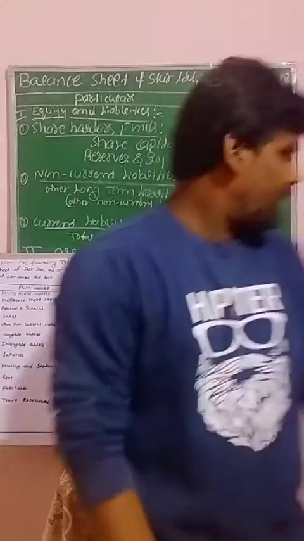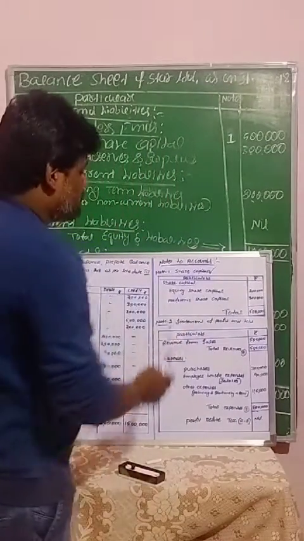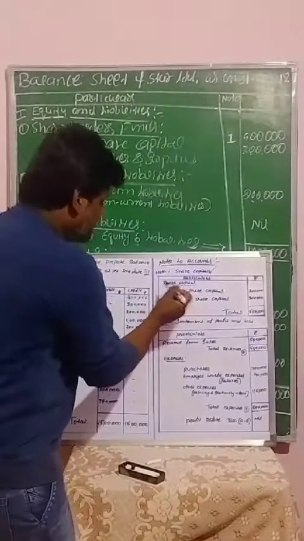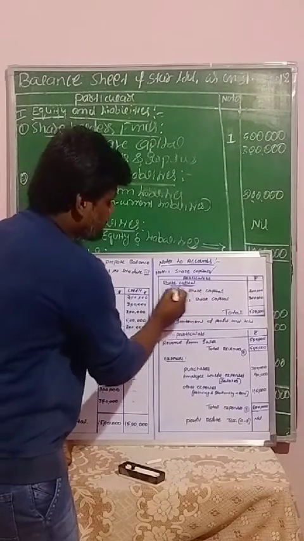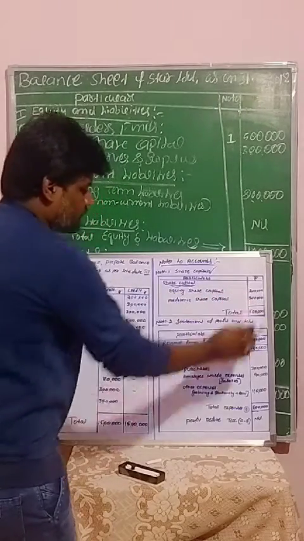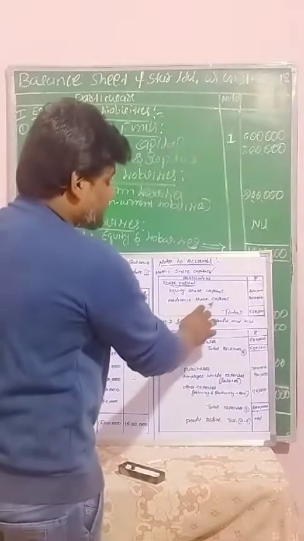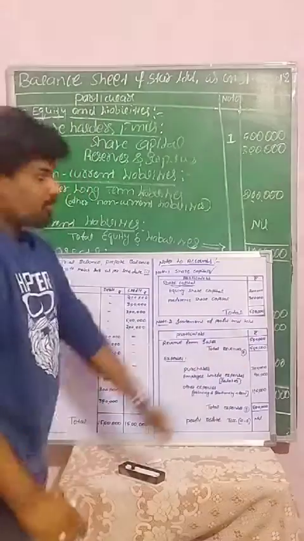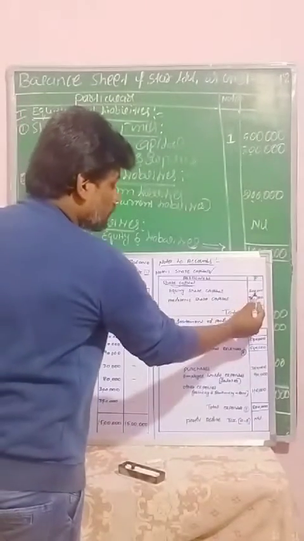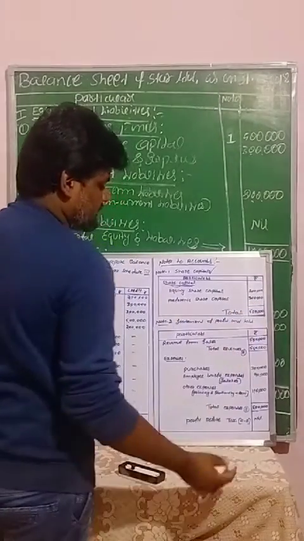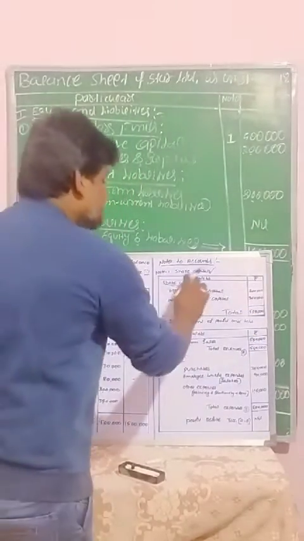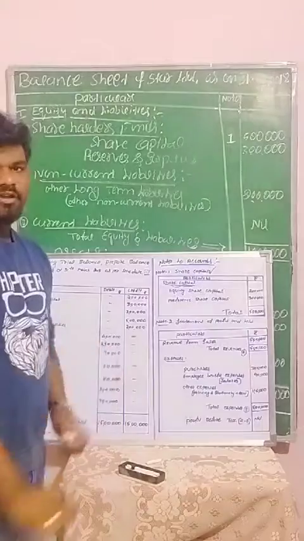I apply the format with particulars and amount columns. In share capital, the first item is equity share capital 2 lakhs rupees and preference share capital 3 lakhs. Both are related to total capital. Now we make the total: 2 lakhs plus 3 lakhs is 5 lakhs rupees. These 5 lakhs rupees we consider as the total share capital in the business organization.